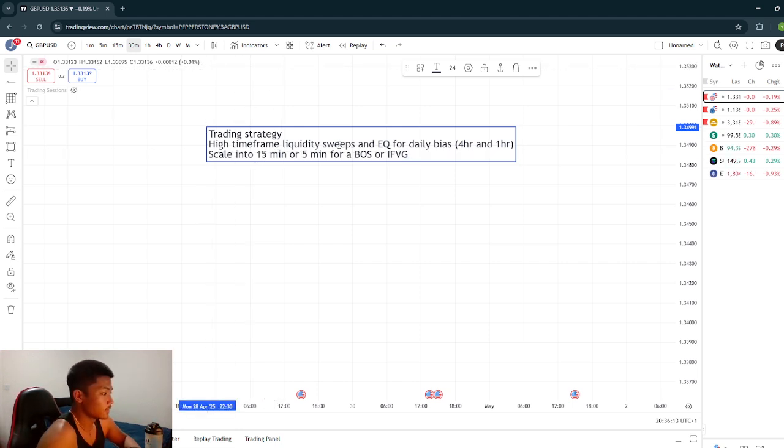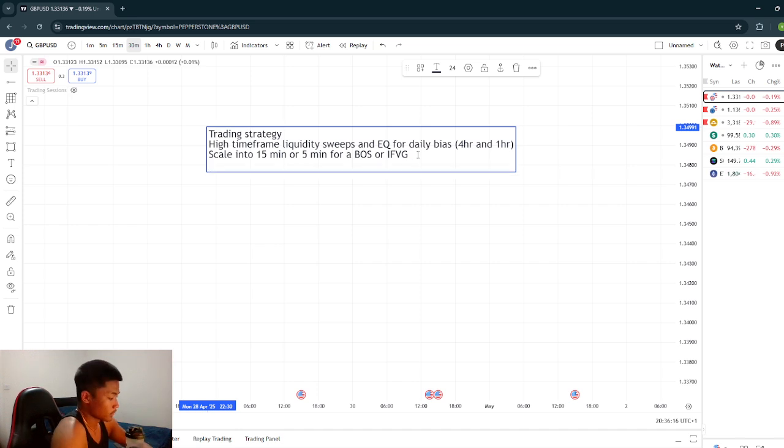Okay, once we have scaled into the 15 minute or 5 minute, we've got one confluence, liquidity sweep, got a breaker structure, second confluence. Lastly, use 5 minute or 1 minute retrace confluence.